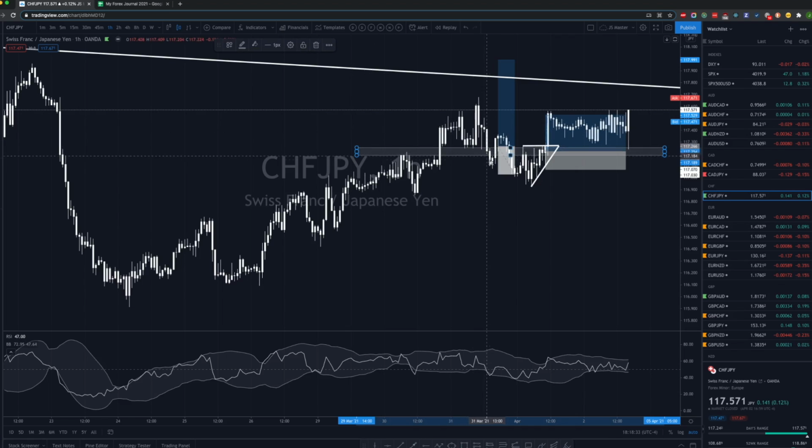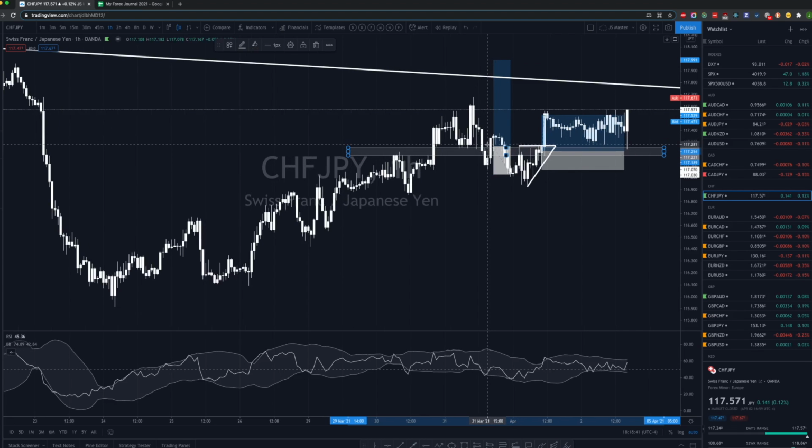Once price broke beneath with what I thought was a liquidity grab, broke back above with lots of momentum, and then came back to the level, this candle just here showed some rejection. I thought that was a pretty decent entry level, right?